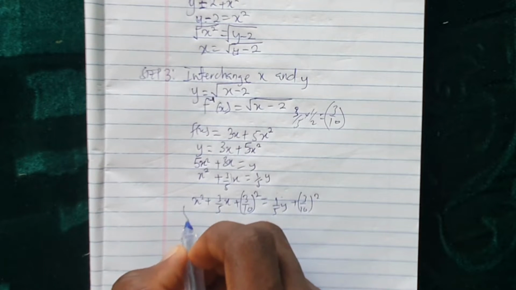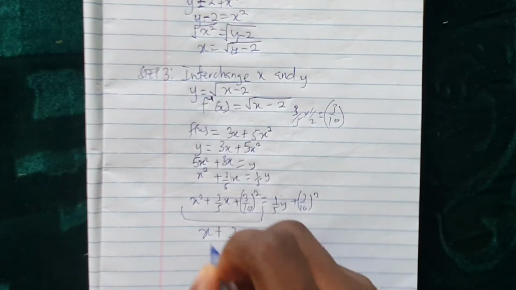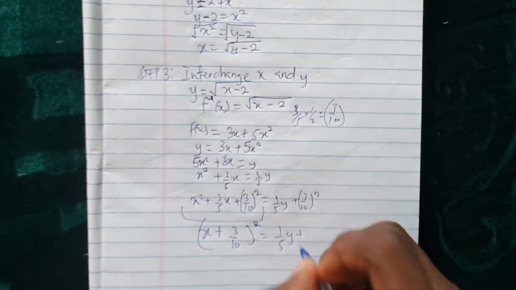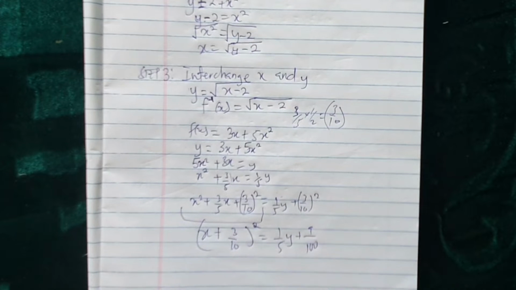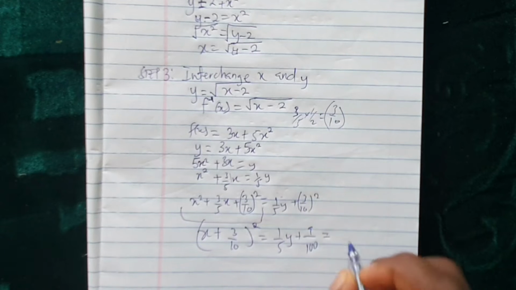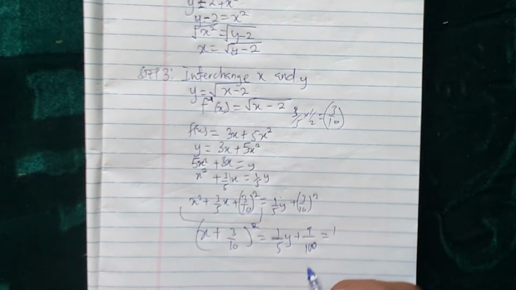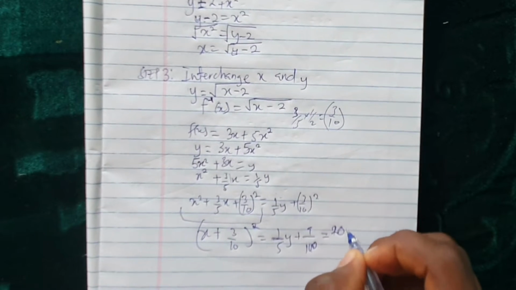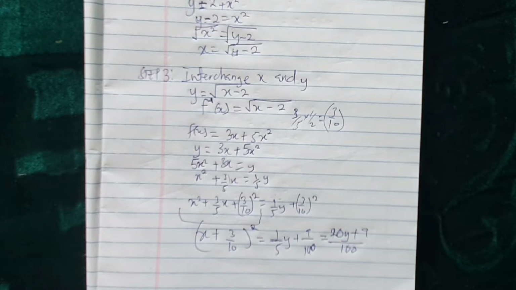Now this whole expression is the same thing as x plus 3 over 10 all squared, which is equal to 1 over 5 y plus, if you simplify this, 9 over 100. Now, if you combine this expression, our LCM will be 100. 5 goes into 100 20 times, so we get 20y plus 9 all over 100.